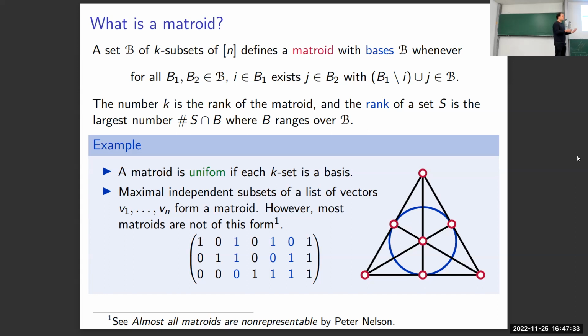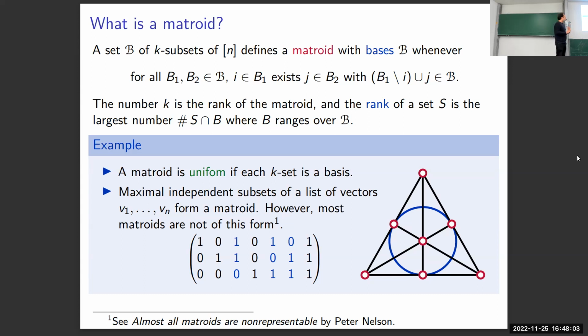So we forget about vectors, but we say a set of k-subsets of a fixed n-element set is the set of bases of a matroid if the following exchange property is satisfied. Whenever you have two bases and take an element I of one of the bases, you can find another element J in the second basis, such that if you replace I with J, it is a basis again. So this is what you learned in linear algebra as the basis exchange property.